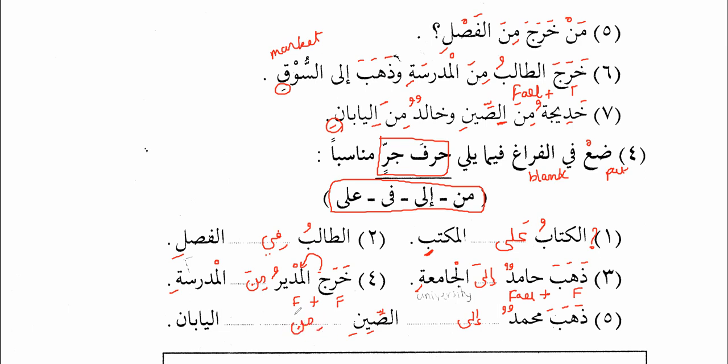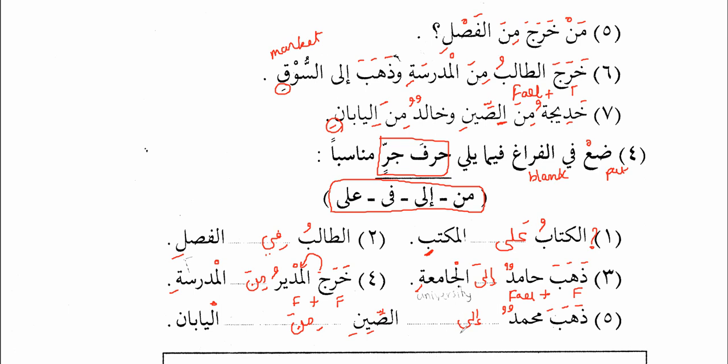Now basically min actually tells you the destination from where you start, and ila the destination to where you have to go.